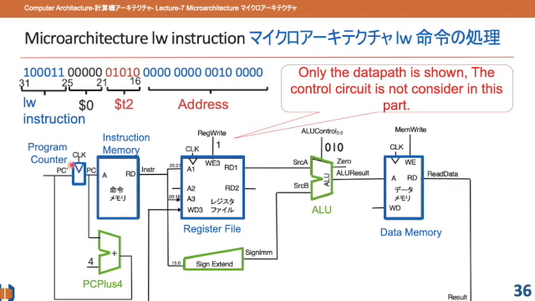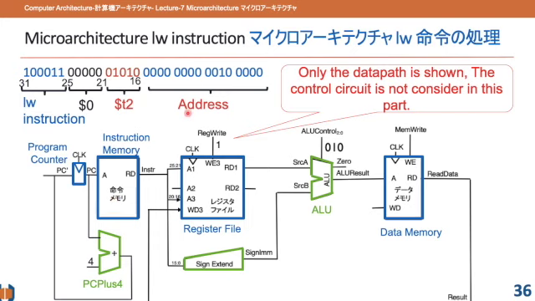One more thing to keep in mind, I use two colors, blue and green. Throughout the presentation, the blue part is considered a memory element and the green part is a combinational circuit. Okay, so let's start the load word instruction data path.